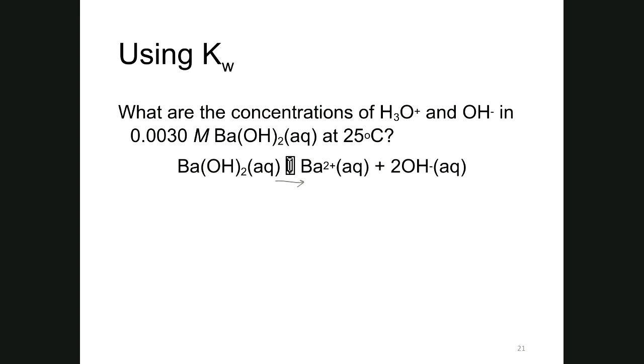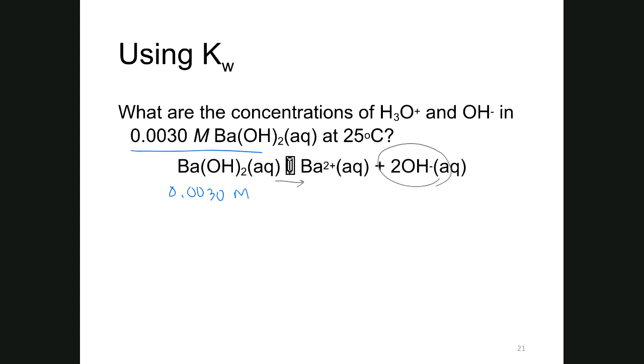Well, since we have hydroxide directly in our chemical equation, it's probably best that we start there. So let's find our concentration of hydroxide. Well, we know the concentration of the barium hydroxide. It's 0.0030. So we can just write that here.